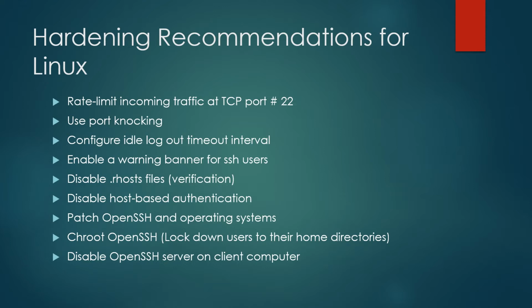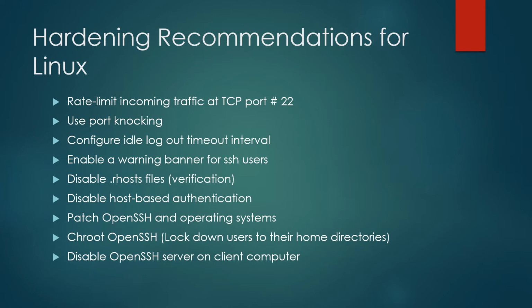Configure idle logout timeout interval. Enable a warning banner for SSH users. Disable .rhosts files. Disable host-based authentication. Patch OpenSSH and operating systems. Chroot OpenSSH, lock down users to their home directories.